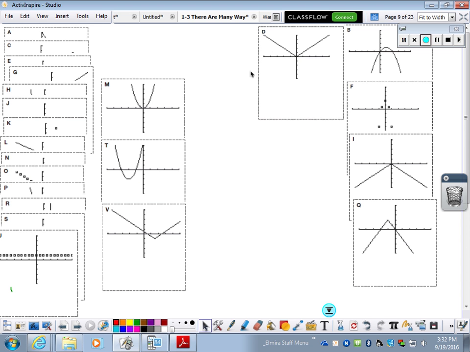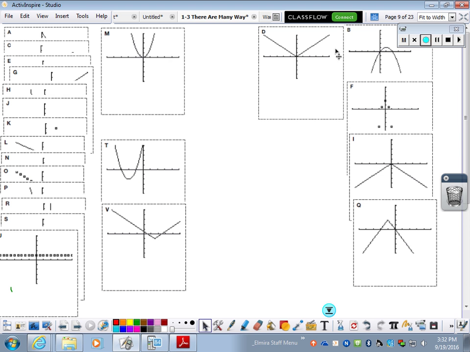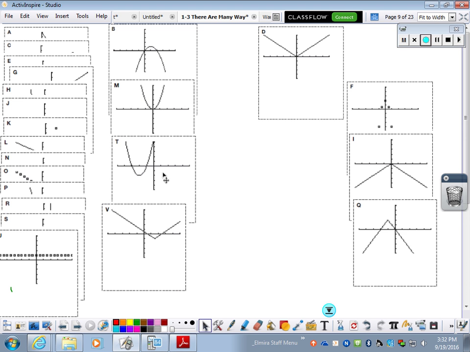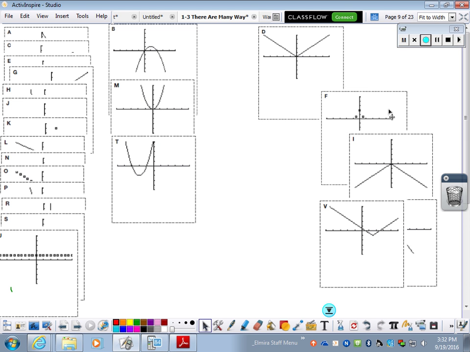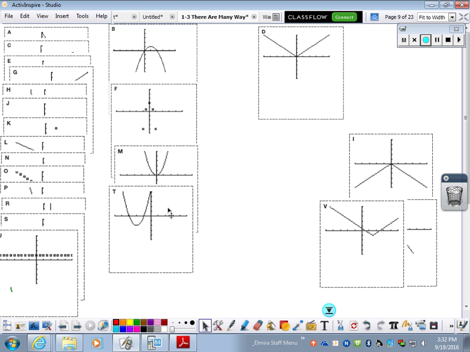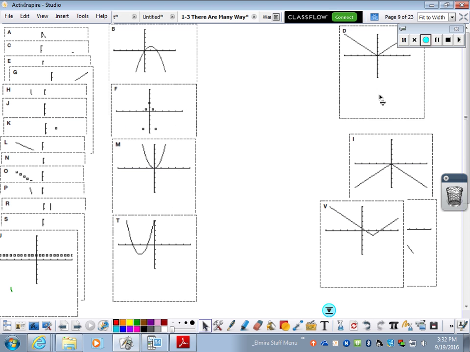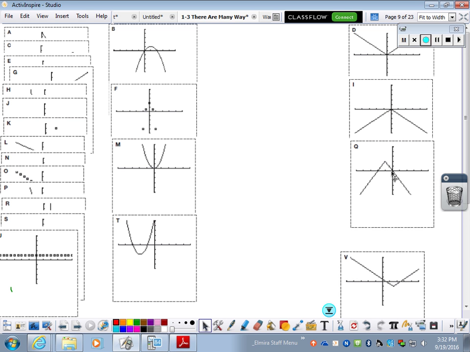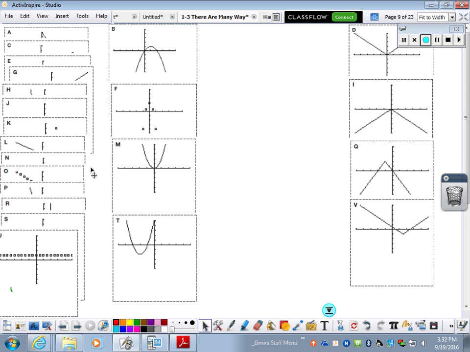So we're going to put the V shapes over here and the U shapes over here. Okay, so now we've separated them by shape instead.